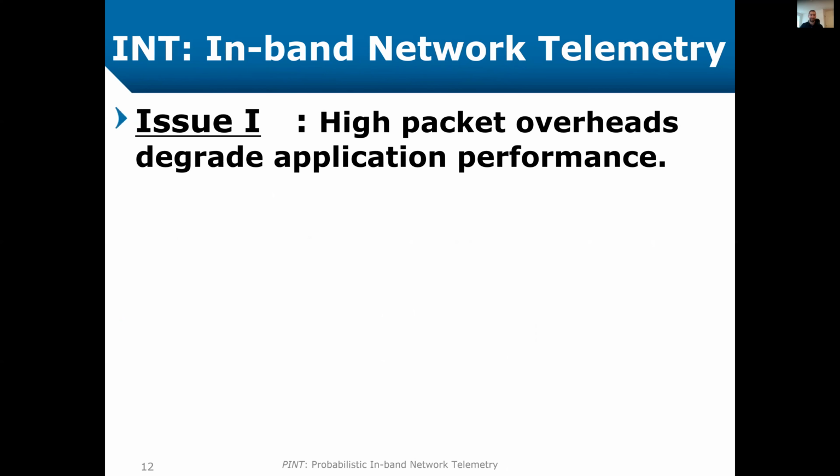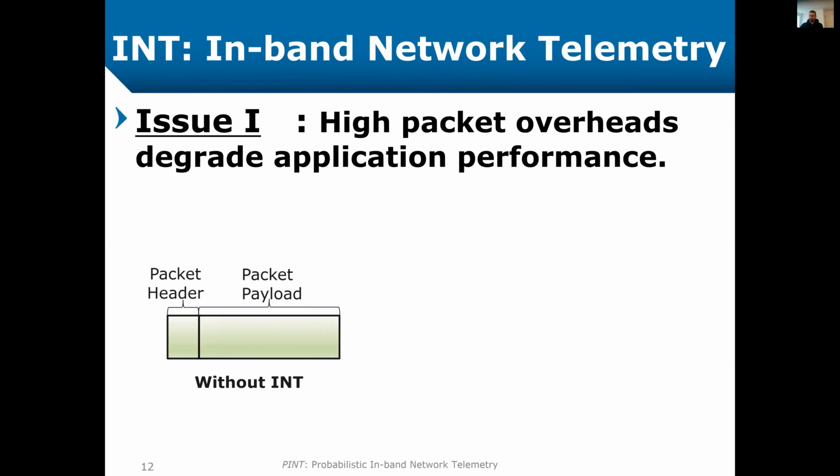So we have this high packet overhead, and the way this works is that if we live in a world without INT, you would send a packet and almost all of the packet would be the payload. You would need a small header for the routing, but that's it.